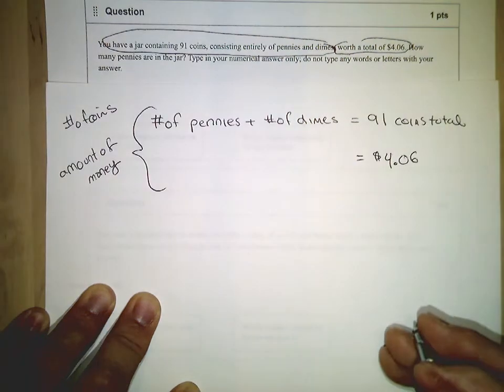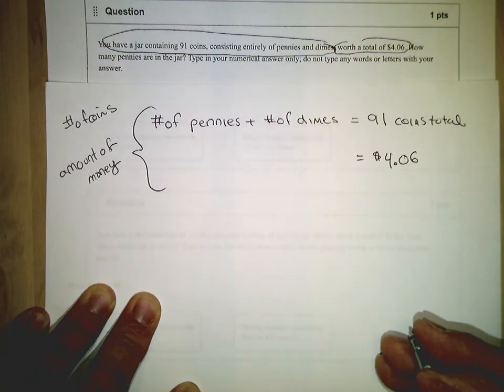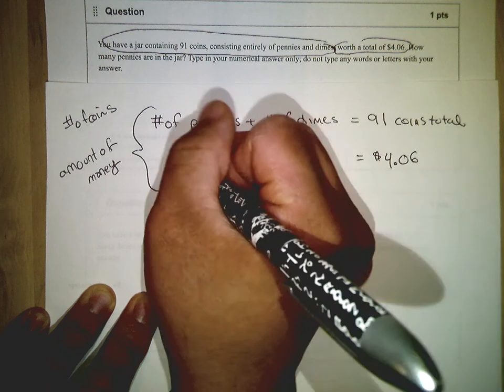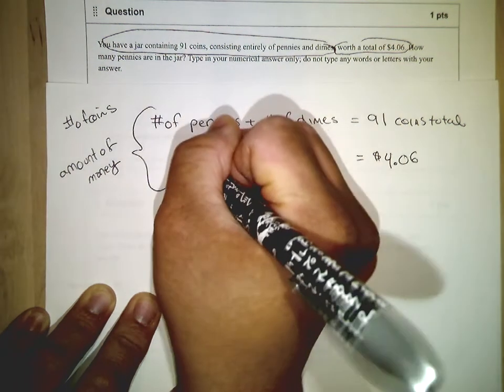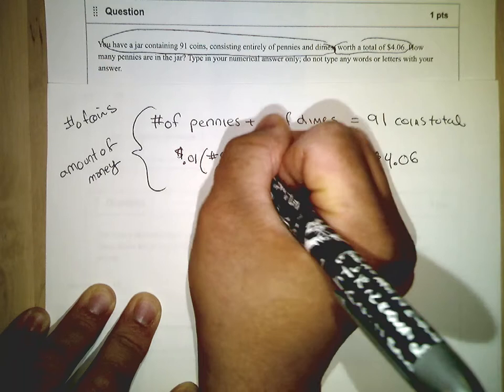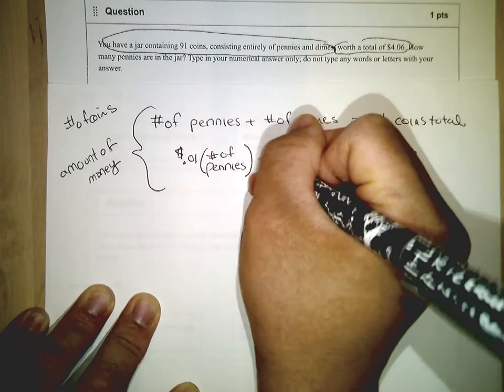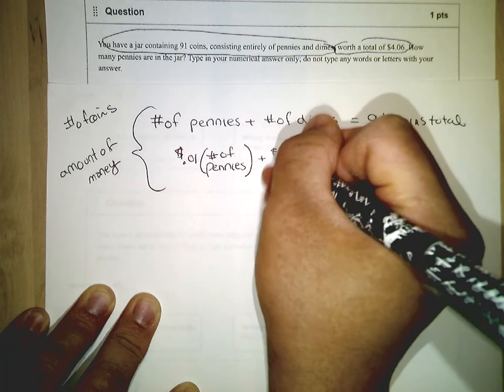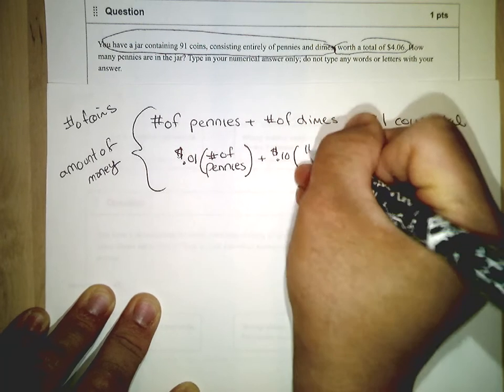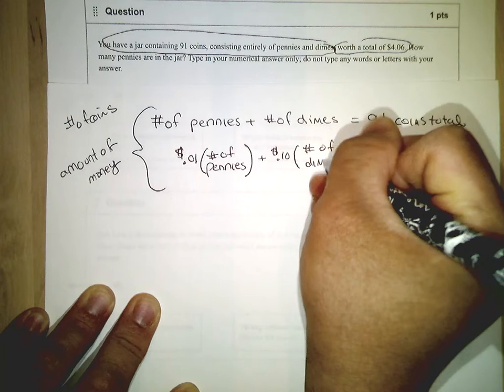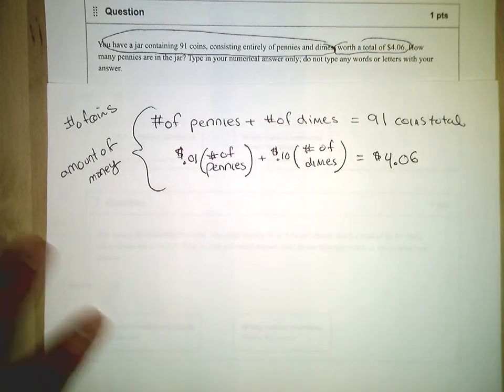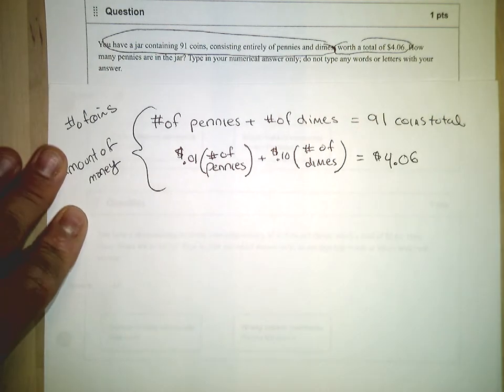All right, well, I know that pennies are worth 1 cent, so 1 cent times the number of pennies will tell me how much I have in pennies, plus dimes are worth 10 cents, so 10 cents times the number of dimes will tell me how much I have in dimes.